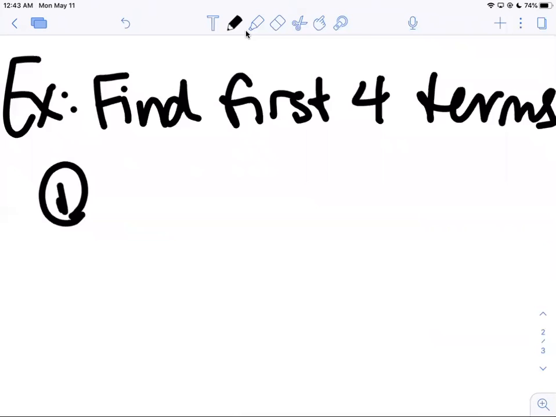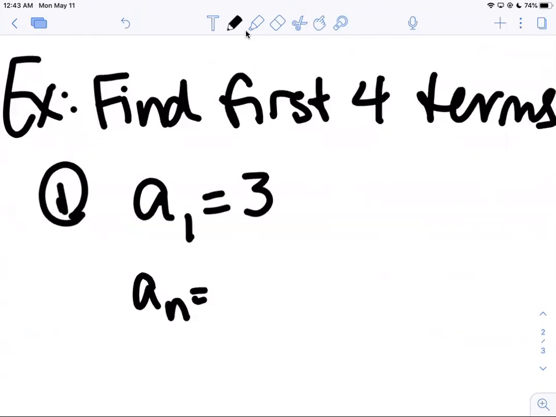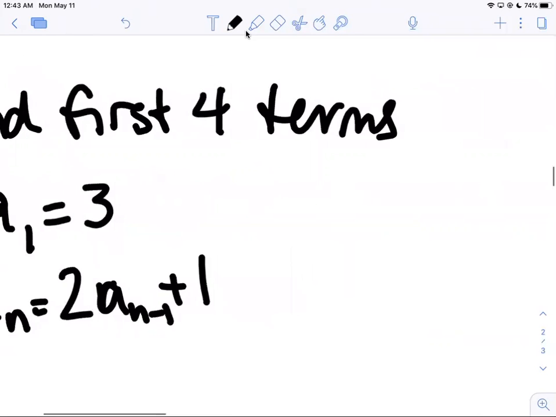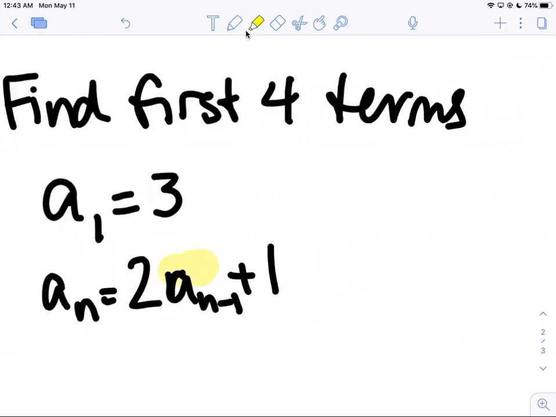So for this first one, a sub 1 equals 3, and a sub n is equal to 2 times a sub n minus 1, plus 1. So I'm going to replace this term with an actual number each time, multiply it by 2, and add 1.